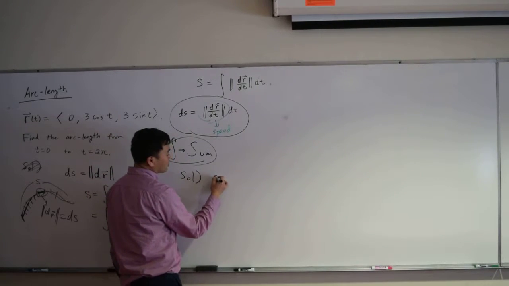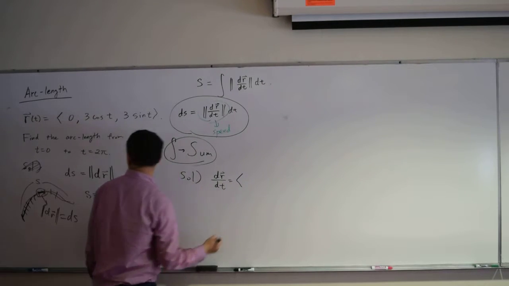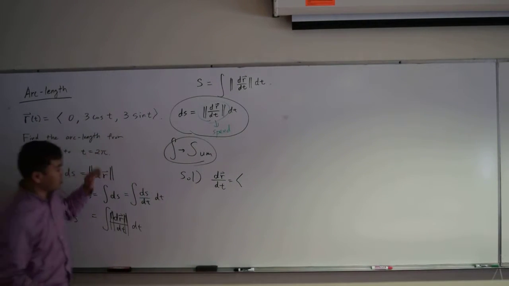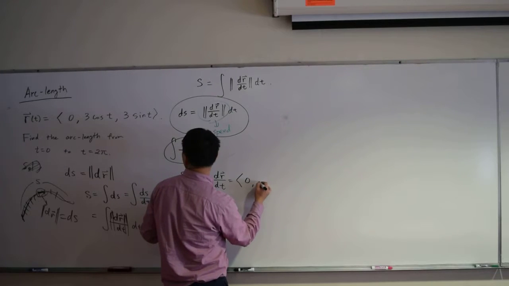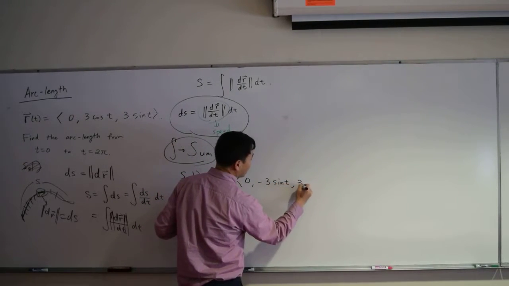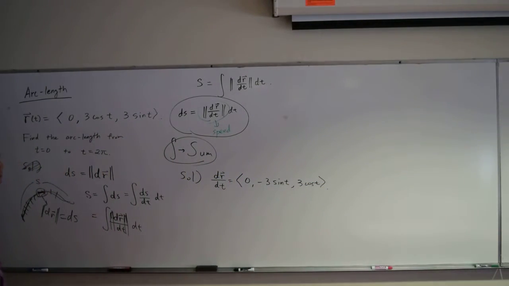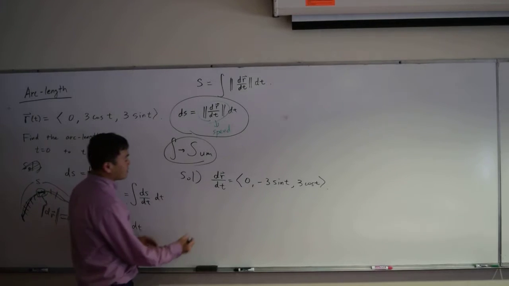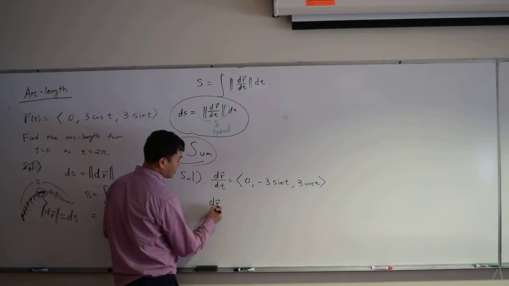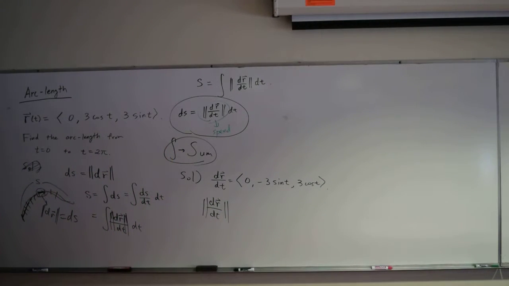Okay, so the actual solution starts from here. What you need to do is first find dr dt. You find the velocity. I have to differentiate these, so it's 0, -3 sine t, 3 cosine t. And then I take the norm of it, because that gives you what? The speed.